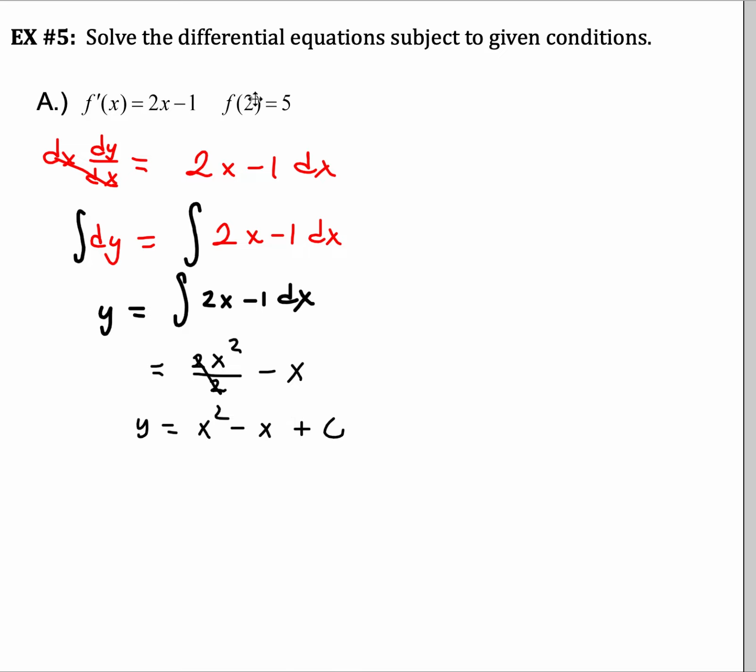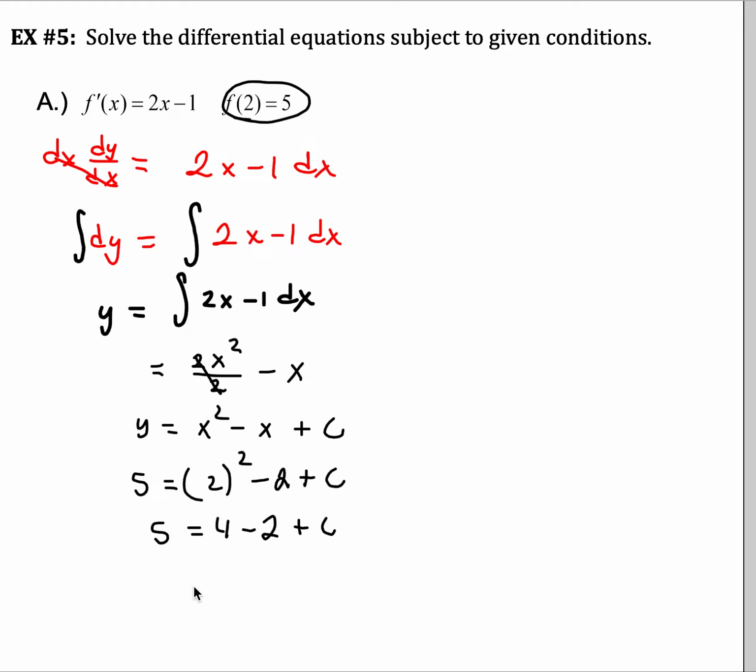And then now we use this fact, right? They tell us, well, f of 2 is equal to 5. So when we plug in 2, we're going to be left with 5. And just to simplify this, okay, 4 minus 2 plus c.